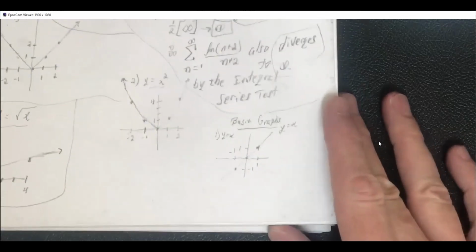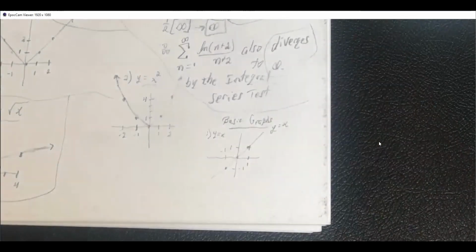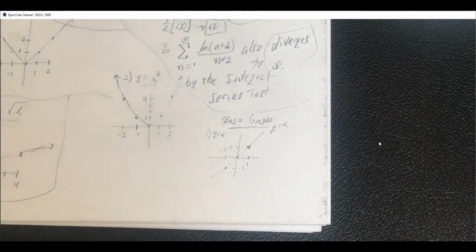And so the first thing I want to do is share with you some of our basic functions we've been looking at throughout the semester, and also pinpoint a few details that I want us to be specifically aware of in order to help us do what we're going to do today.